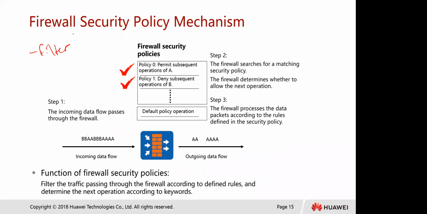If someone is sending this keyword, do not permit. If it's this keyword, go ahead and permit. So one of the core functions of our security policy is to filter traffic on our network, the traffic going through our firewall.